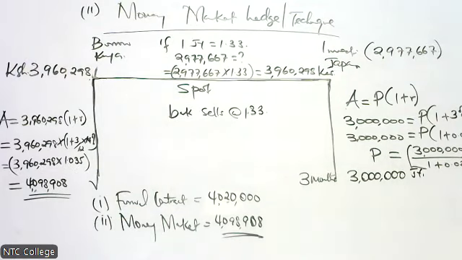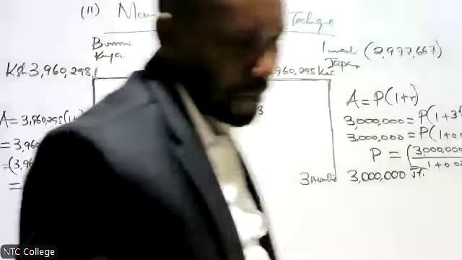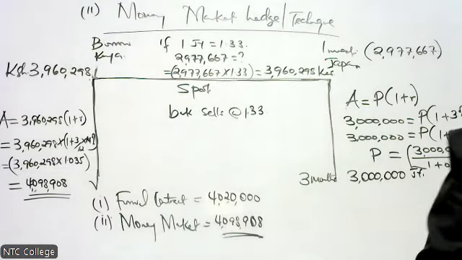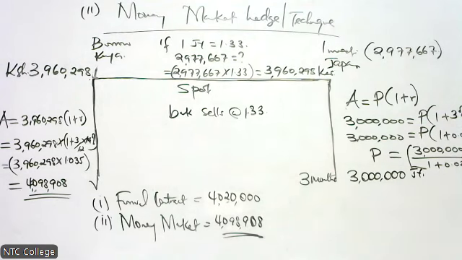Or which option can Ann Waiguru go with? Can she go with money market or forward? Forward contract. Why? Because it is payment and we are paying less than the money market, which will be paying more by 78,908. Because we are paying 4,098 instead of 4,020.